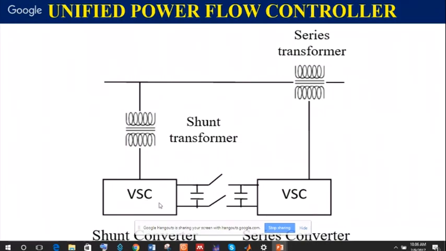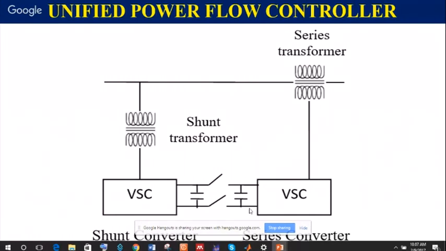A voltage source converter has the unique characteristic that it can operate irrespective of the line voltage. That is, it absorbs or supplies power or maintains the voltage independently. The parameters that the line has do not affect the supply or absorption of power. That is the unique characteristic of voltage source converters.